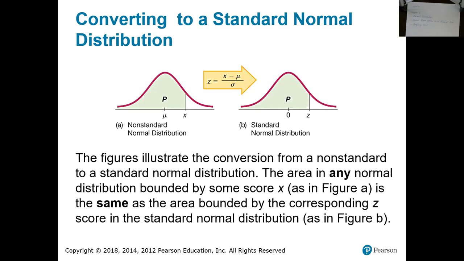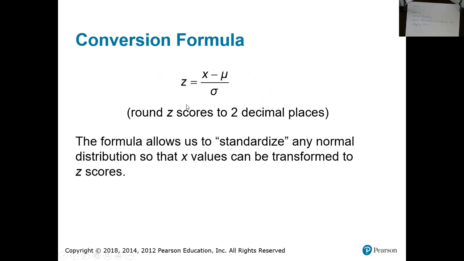So in essence, we'll be taking a non-standard normal distribution and standardizing it by using this formula: Z equals X minus mu divided by the standard deviation, where Z is the z-score and X is your given value. Whenever we are calculating z-scores, we always round z-scores to 2 decimal places.